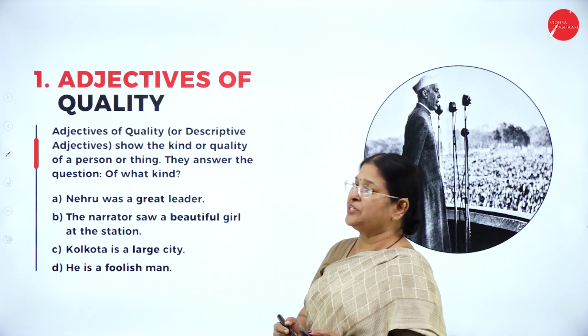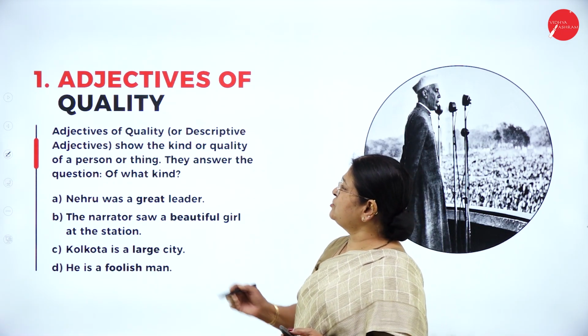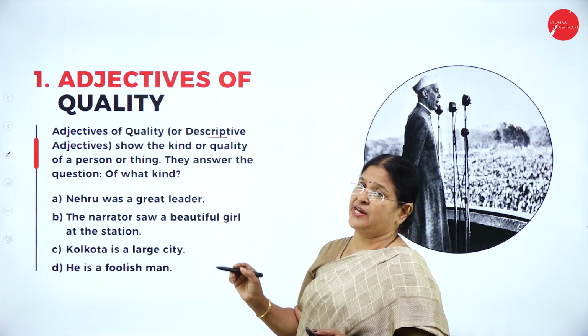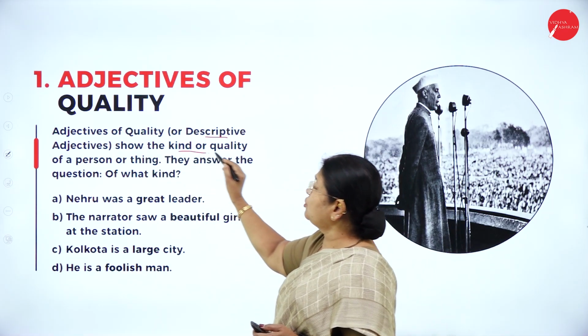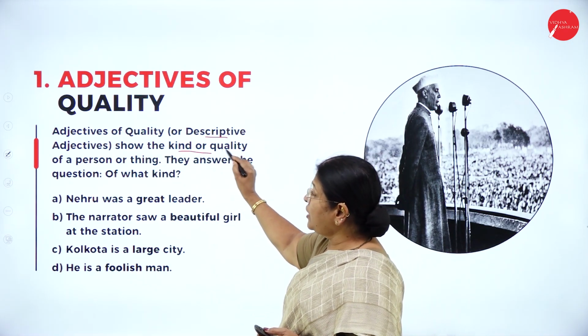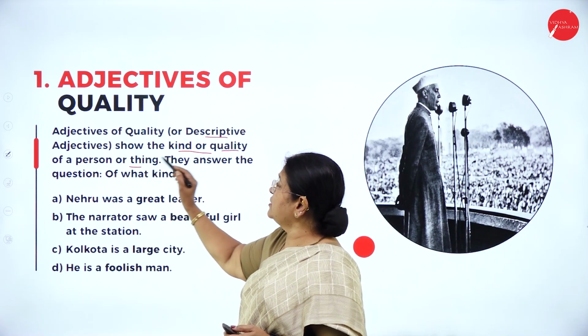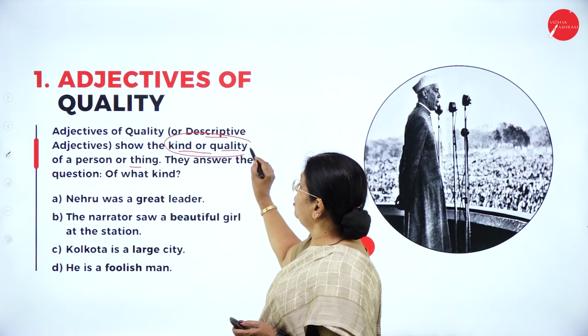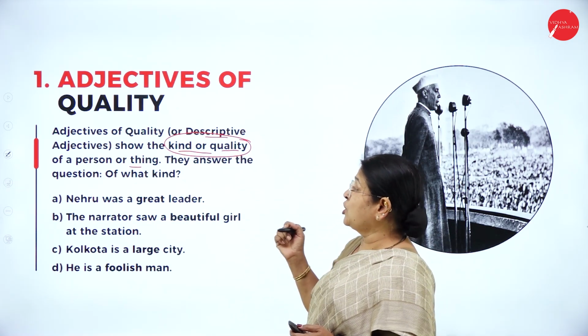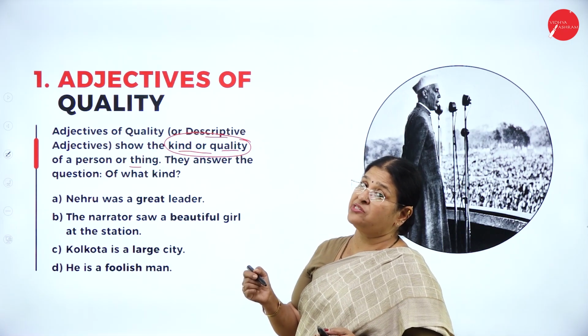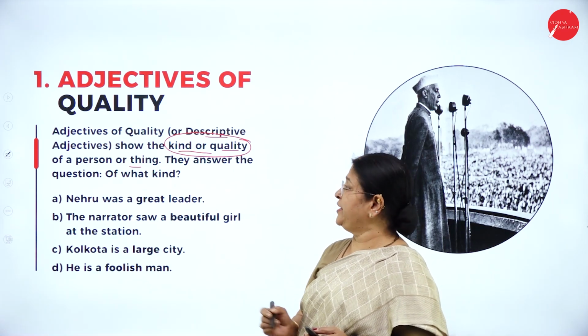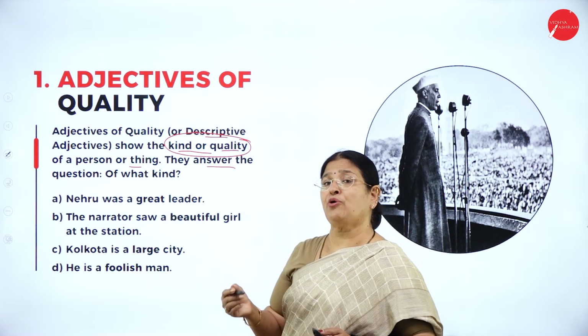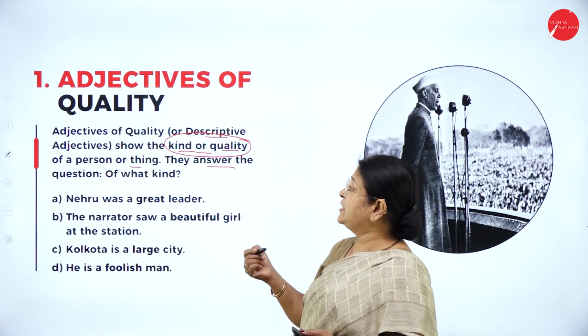Moving on to the adjectives of quality. Adjectives of quality, which you can also call descriptive adjectives, show the kind or quality of a person or a thing. So it is going to show what? The kind or quality of a person or a thing, hence the name adjectives of quality. They answer the question: how do you get to know that it is an adjective of quality?